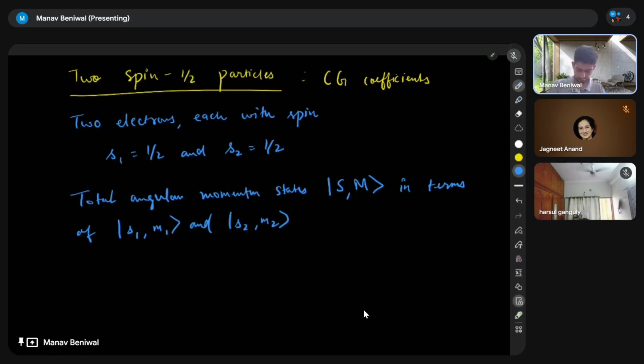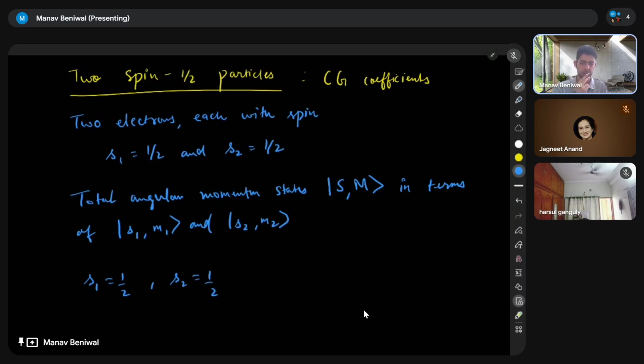Here we have s1 as 1 by 2 and s2 as 1 by 2. So what will be my m1 and m2?